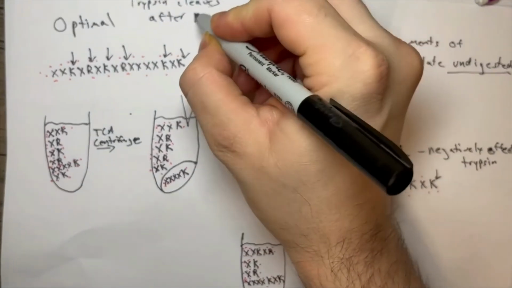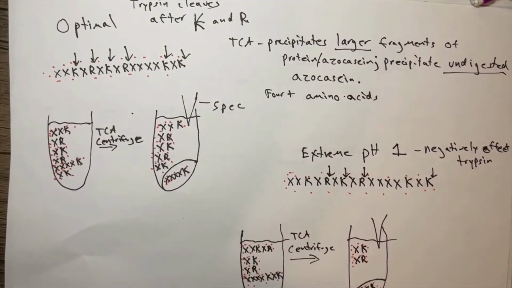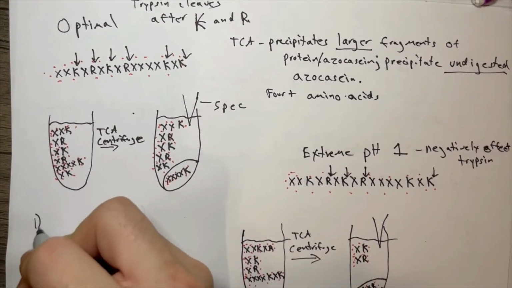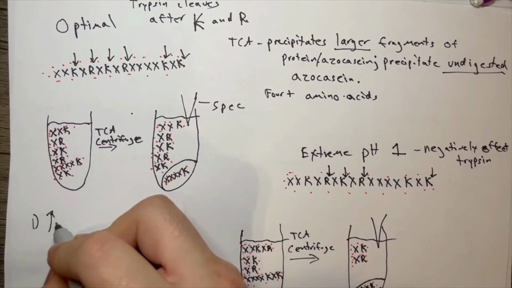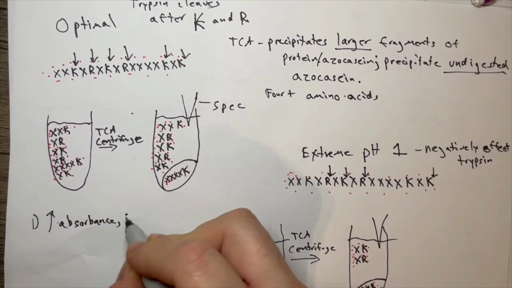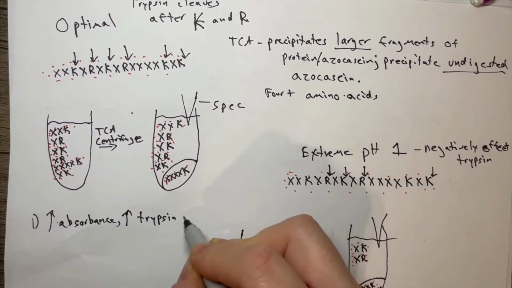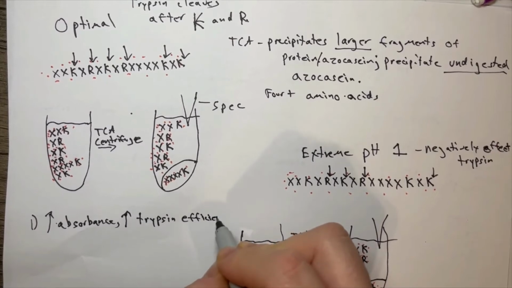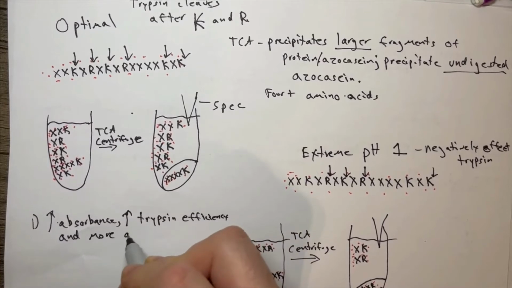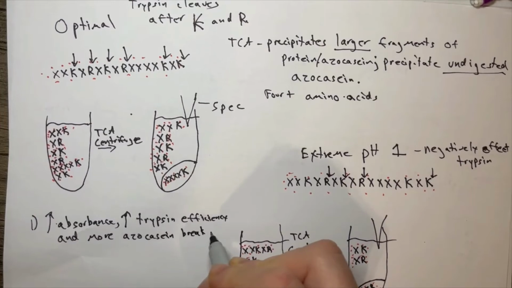I just realized there should be a K up here. So K for lysine. So what can we conclude from this? We can conclude that the higher the absorbance, the higher the trypsin efficiency, and the more azocasein breakdown, right?